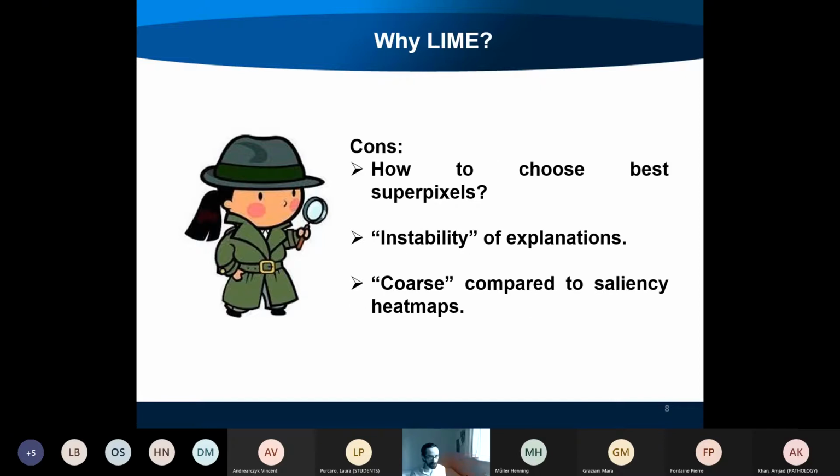What are the cons? Because all of these XAI techniques have pros and cons. Some of the cons of Lime, which are also cons of other perturbation techniques, since Lime is a perturbation technique, is that you have to choose how to perturb the image. And perturbation techniques are only as good as your perturbations are good. In the case of Lime, it perturbs these images using superpixels. I'm going to explain what these are, but basically imagine an image is divided into pixels.